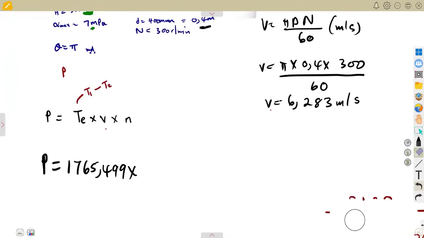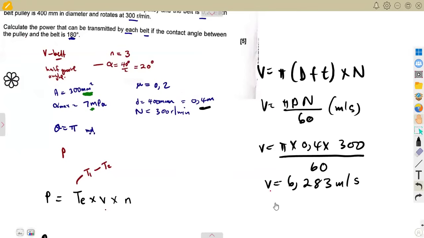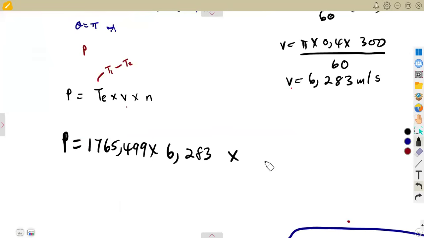We calculated the velocity of the belt in this case, which is 6.283, or you can use pi there, times the number of V belts, not the speed, but the V belts. There are 3 V belts to be considered. So you multiply by the number of V belts, and you are going to obtain the power in that case.